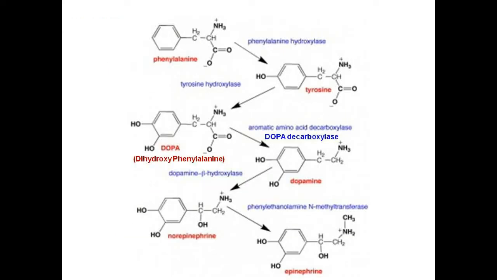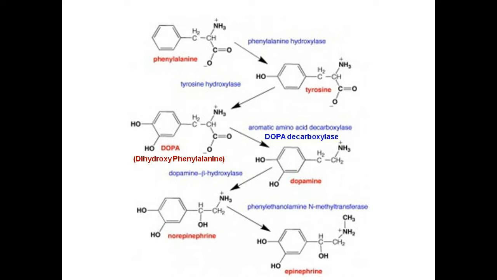So as you can see, the biosynthetic pathway of the monoamine neurotransmitters is shown here. Tyrosine, as you know, is derived from phenylalanine by a hydroxylation event catalyzed by phenylalanine hydroxylase. Now this tyrosine is the first substrate for biosynthesis of the monoamine neurotransmitters. So it is hydroxylated so that you get dihydroxyphenylalanine, and this is DOPA.